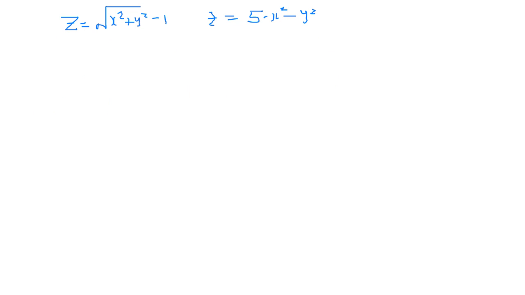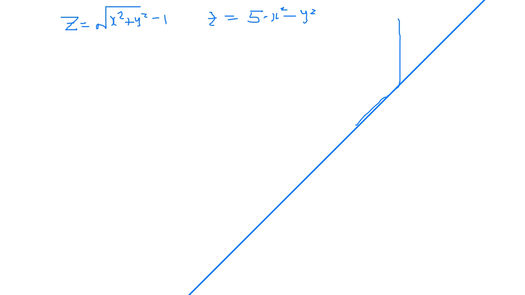Okay, so obviously always good to have a sketch. X, y, z. The cone that we have looks like this. It's facing upwards because it's a positive root there. Its intercept with the z-axis is at -1.